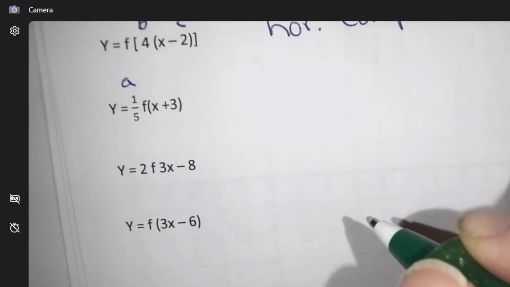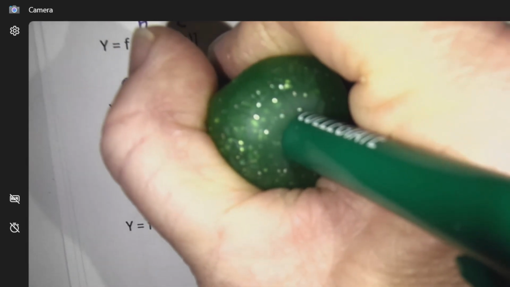Okay, the third one. That's an A. This is a C. Okay, so we are timesing by 1/5.